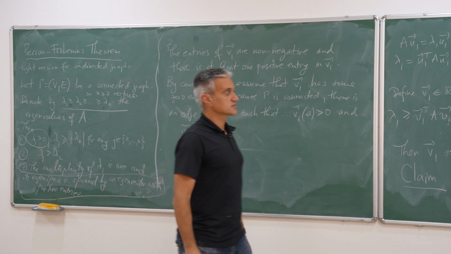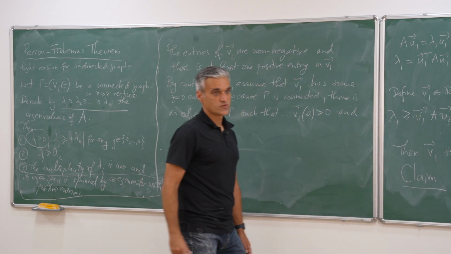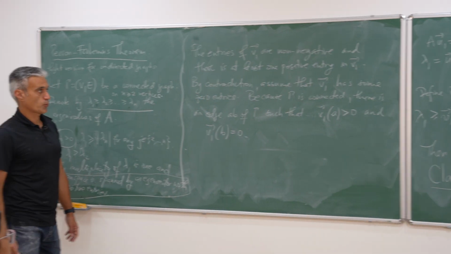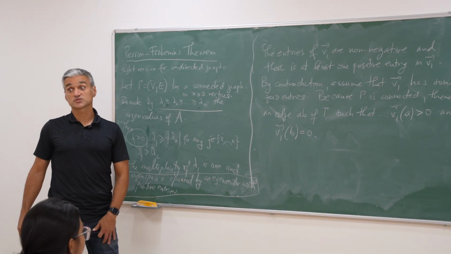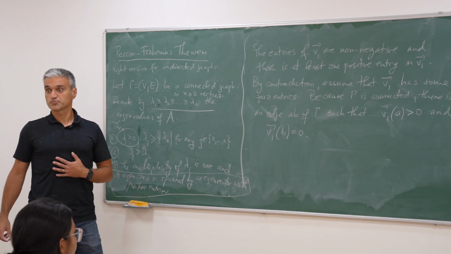Like this would be the edge, there is an edge from the positive side over there. Okay? So now, it's a proof by contradiction, so we need to find something wrong. We need to find a problem.